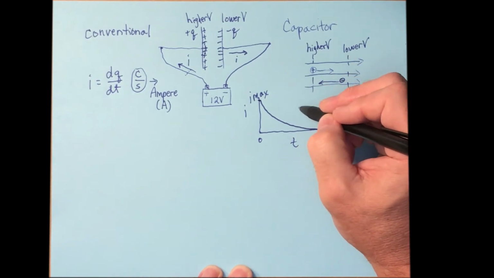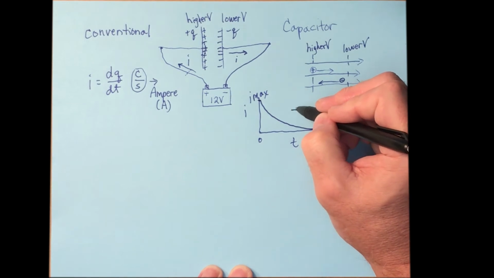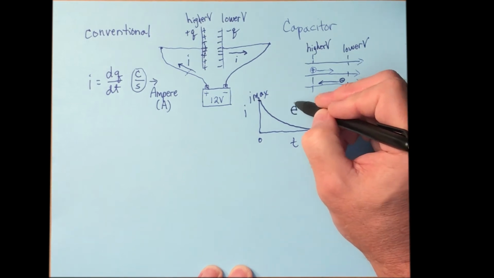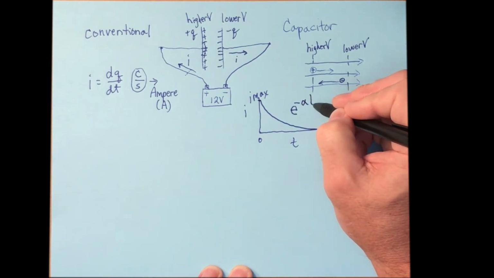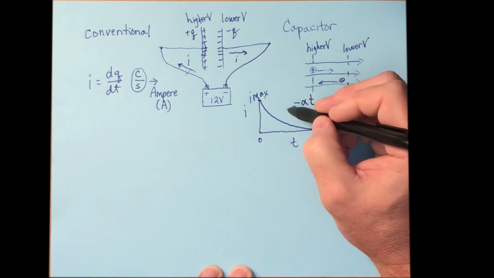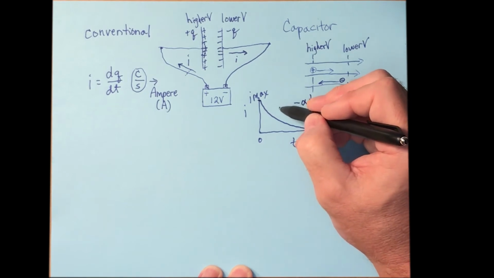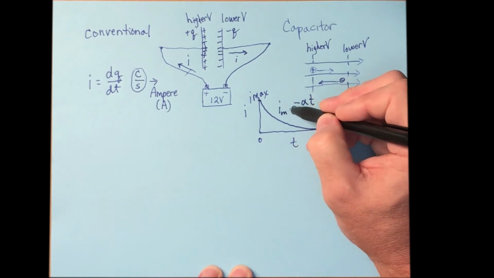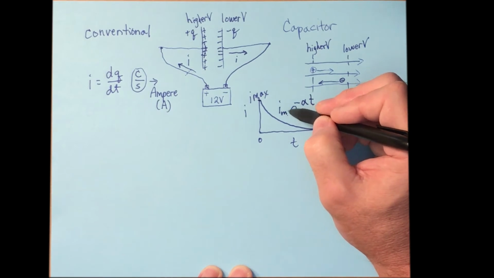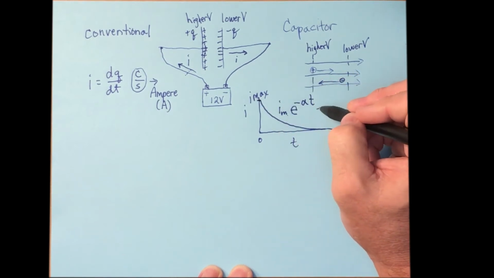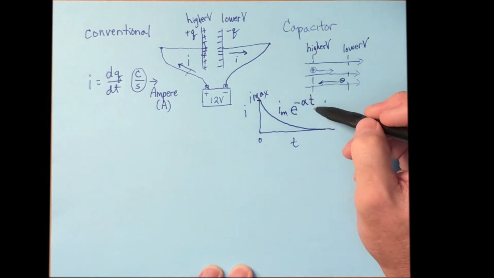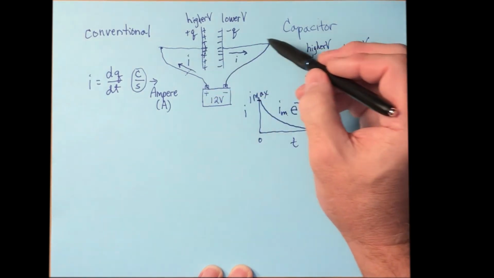This is a decaying exponential. So you would write that as e to the negative and some coefficient, we'll just call it alpha right now, times t. There would probably also be a coefficient out front, and that would be I max. We'll just call that I sub m, I max right there. That is what the equation would look like that describes this current flow.